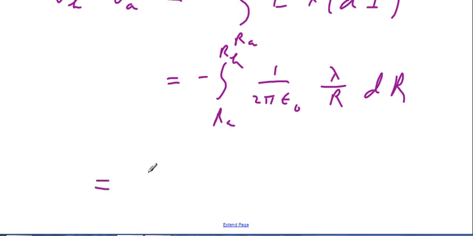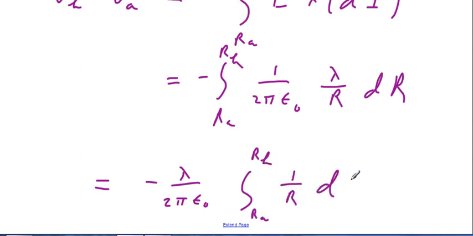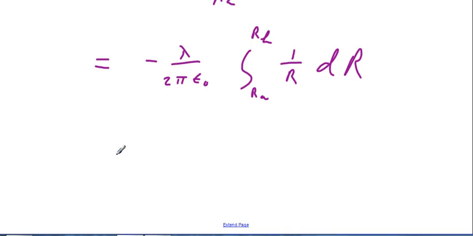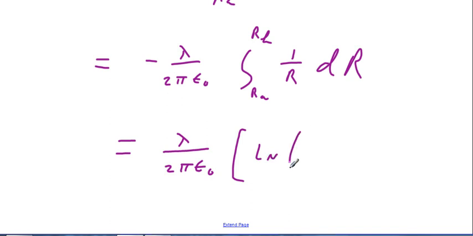And I was going to be bringing the constants to the outside. Minus lambda over 2 pi epsilon naught integral from RA to RB of 1 over R dr. Then finally we get an integral that we can do on our own, lambda over 2 pi epsilon naught, and this is going to be the natural log of RA divided by RB.